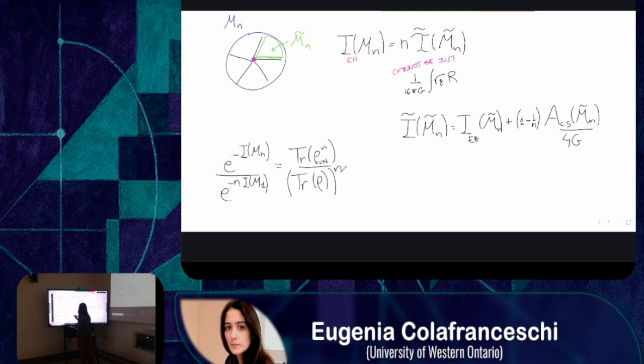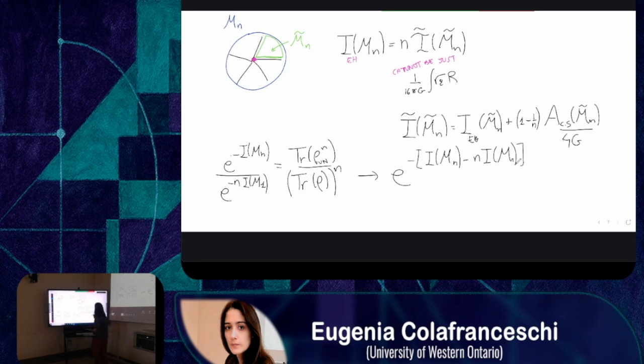So what we are actually looking for is the quantity e to the minus the action for our saddle point minus n times the action for M1.